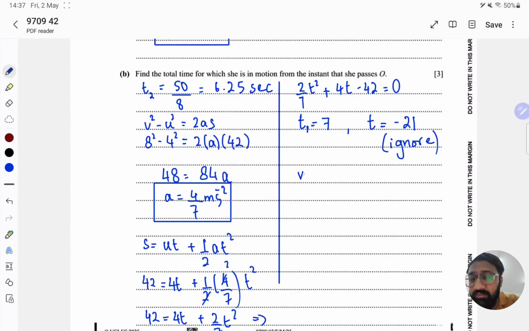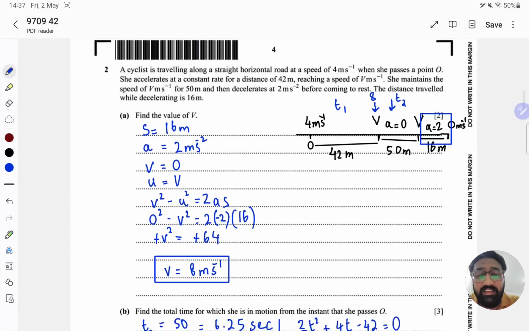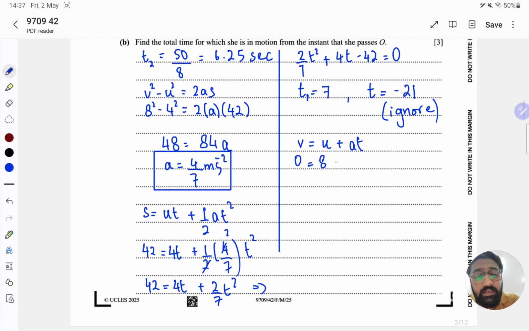So we will use v is equal to u plus at. The final speed for that portion of the journey is 0 because he is coming to rest. The initial speed of that portion is v, which we calculated as 8.